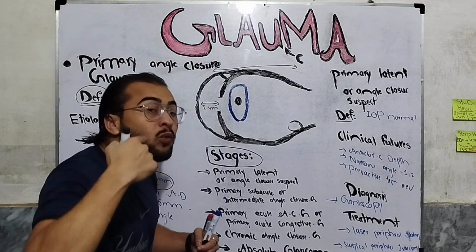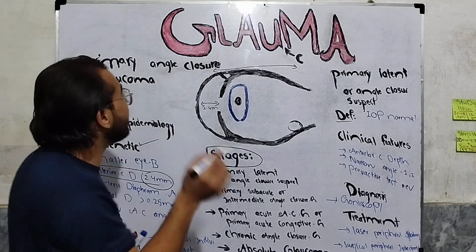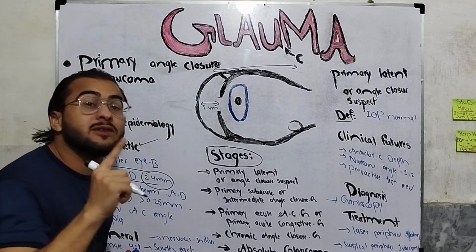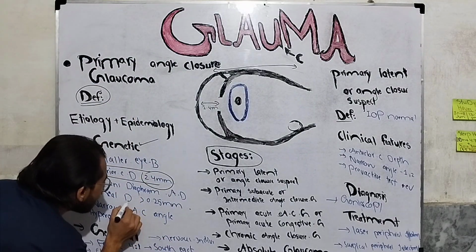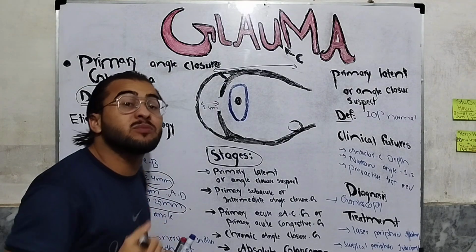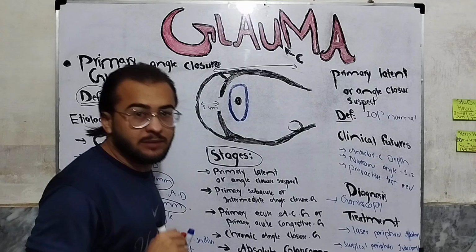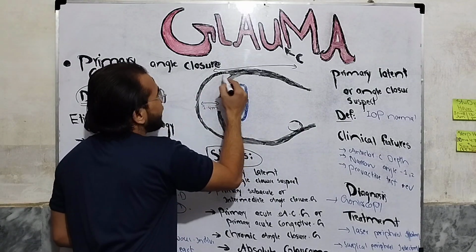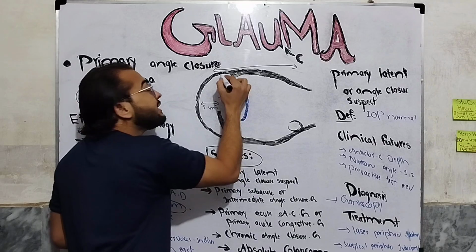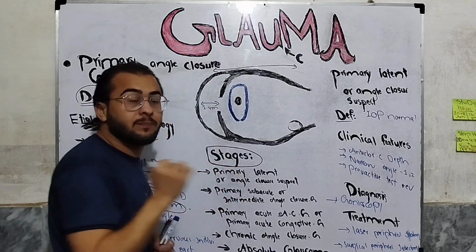The horizontal corneal diameter will be smaller by 0.25 millimeter than in normal individuals. And we will have the narrow angle; the anterior chamber angle will be narrowed.